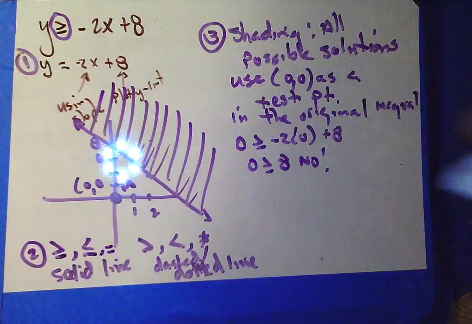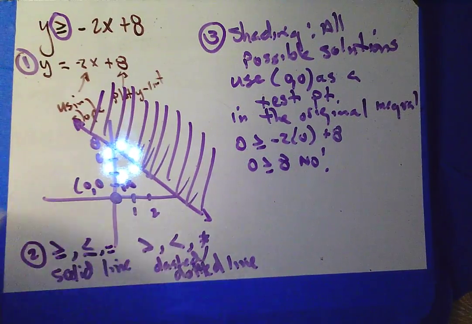I like using 0, 0, and the only time I can't use 0, 0 is if the inequality passes through 0, 0 itself. Okay, let's take a look at our next one. We still haven't gotten to systems. We're just looking at single inequalities, not systems of inequalities yet.